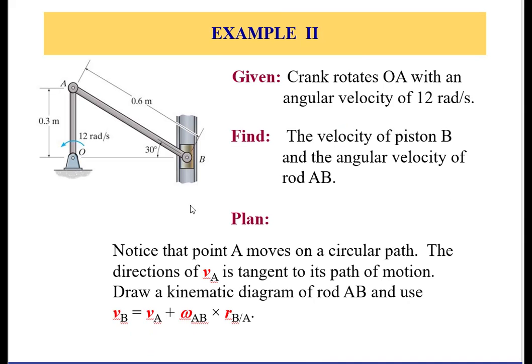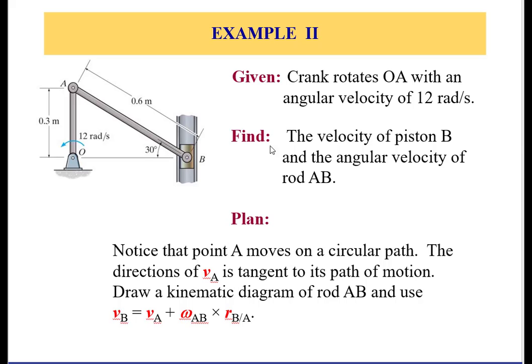Okay. We have a problem that involves a crank OA that rotates about a fixed point O and causes a link AB to push a piston in an upward or downward direction depending on the position.